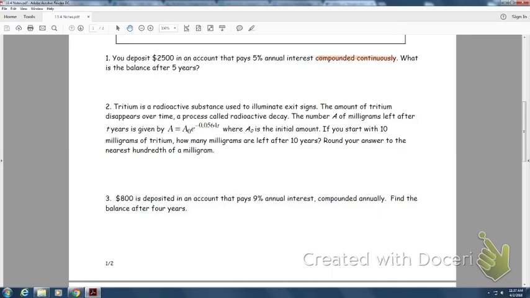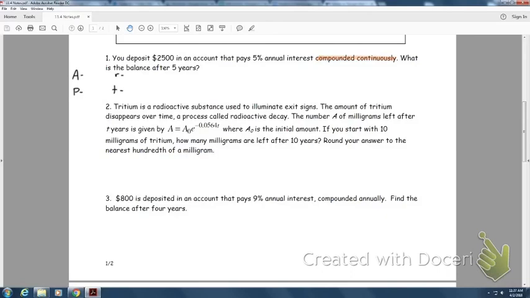Okay, should be pretty cut and dry. Especially early on, what I would like for you to do is, because there are a lot of variables that you have to identify the values for, off to the side, kind of make a little key, and then you'll just plug those into the formula. Okay, so I'm looking for the final amount.